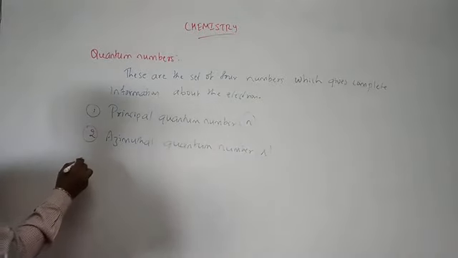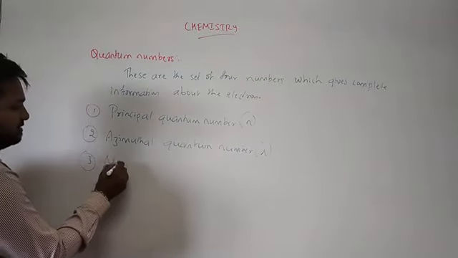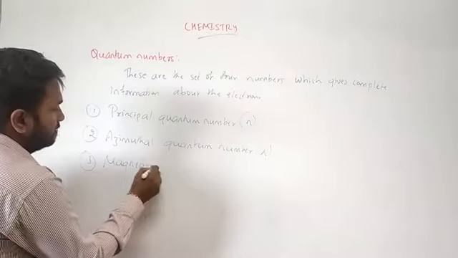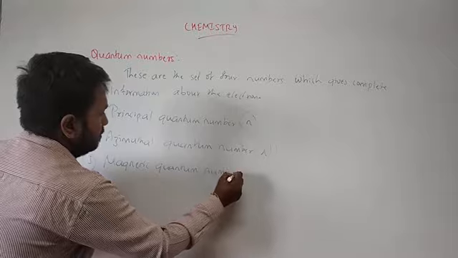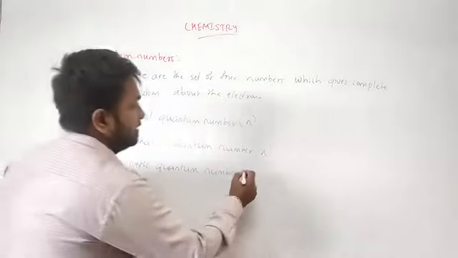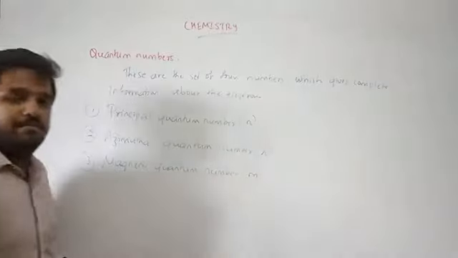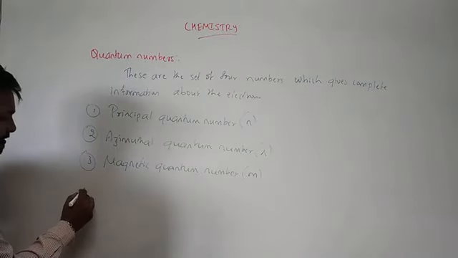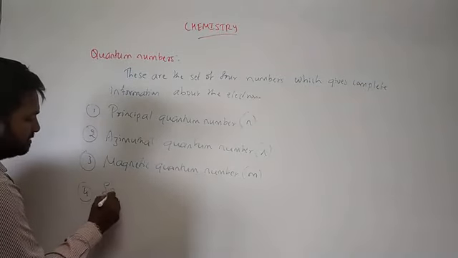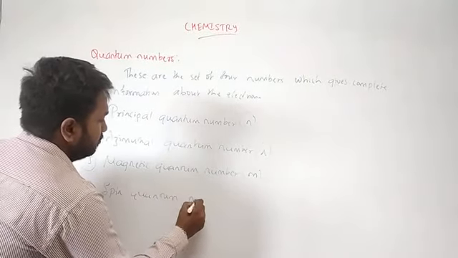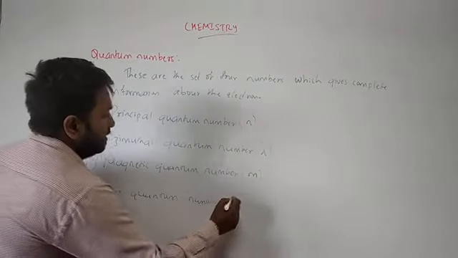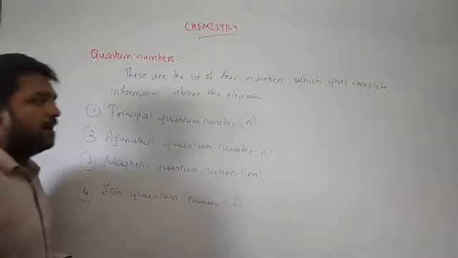The third one is the magnetic quantum number, and it is represented by the small letter m. And the fourth one is the spin quantum number, and it is represented by small s.